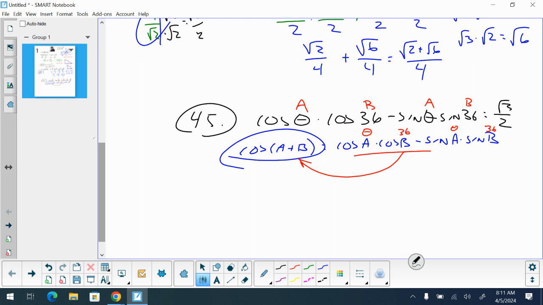So we can rewrite this as the cosine of, well, my A value we said is theta, my B value is 36. And this is equal to the square root of 3 over 2.